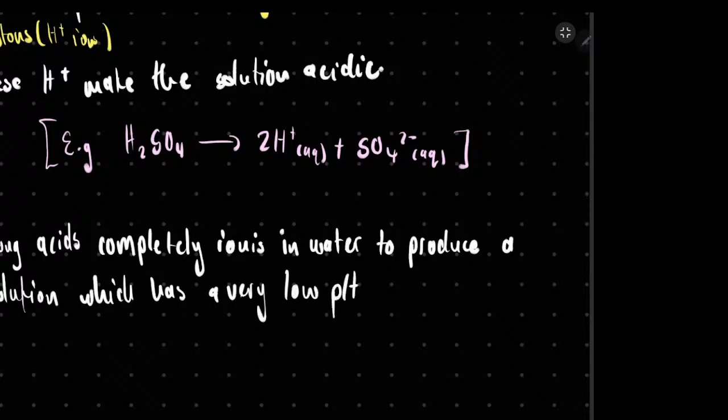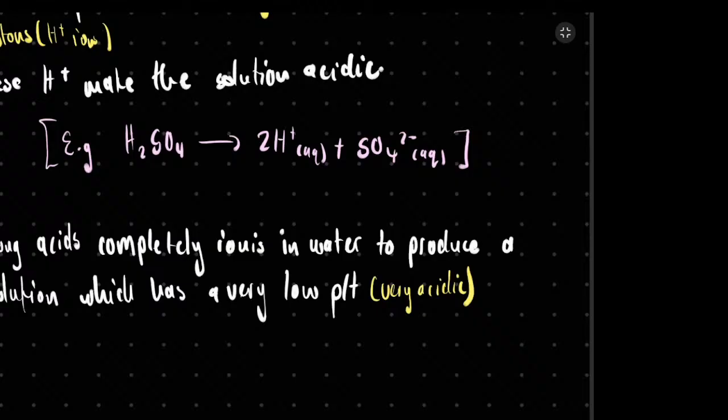Which means it is very acidic. So, when you talk about the strength of an acid, you are saying how much of the acid will split when you put it into water.